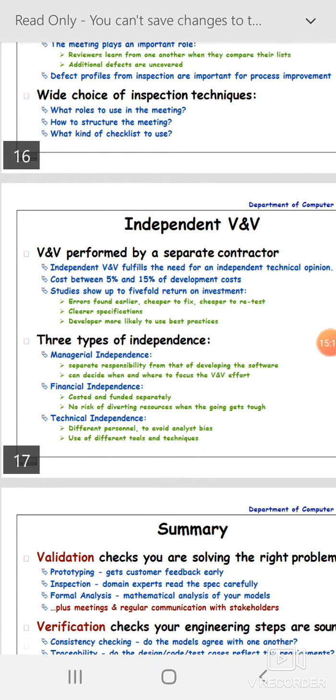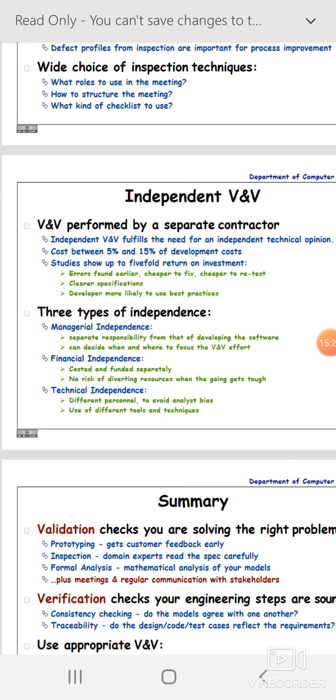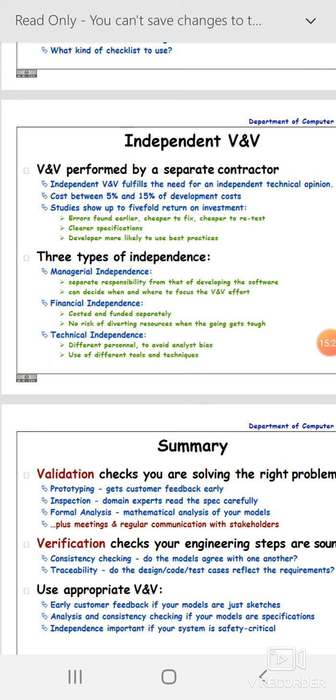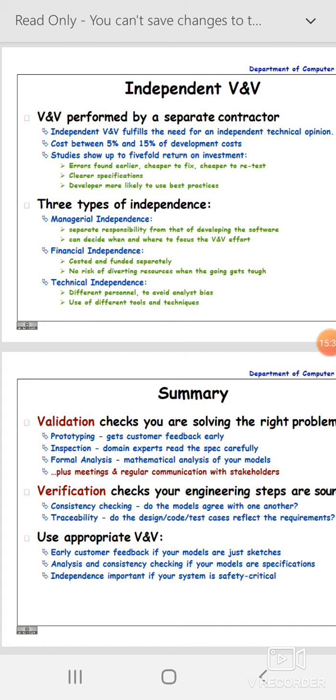Now independent V&V, verification and validation, is performed by a separate contractor. There are three types of independence: managerial independence, financial independence, and technical independence. These provide full independence to us.